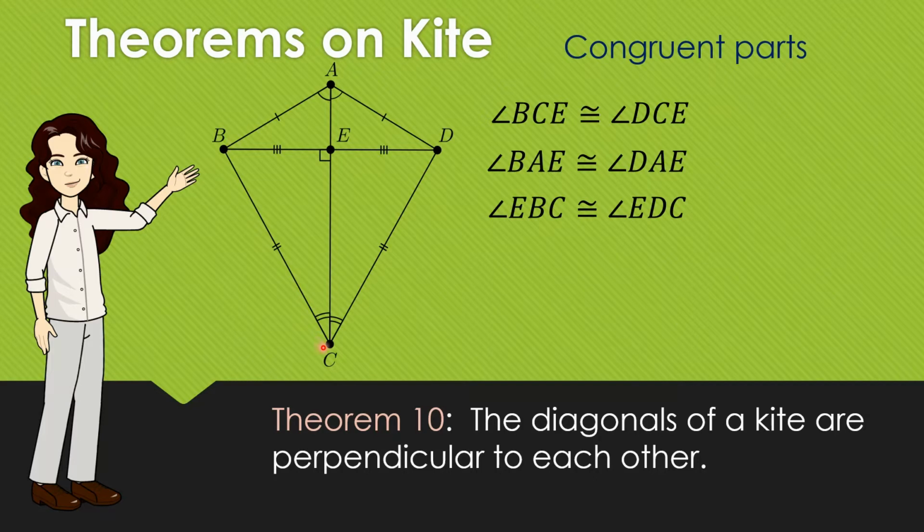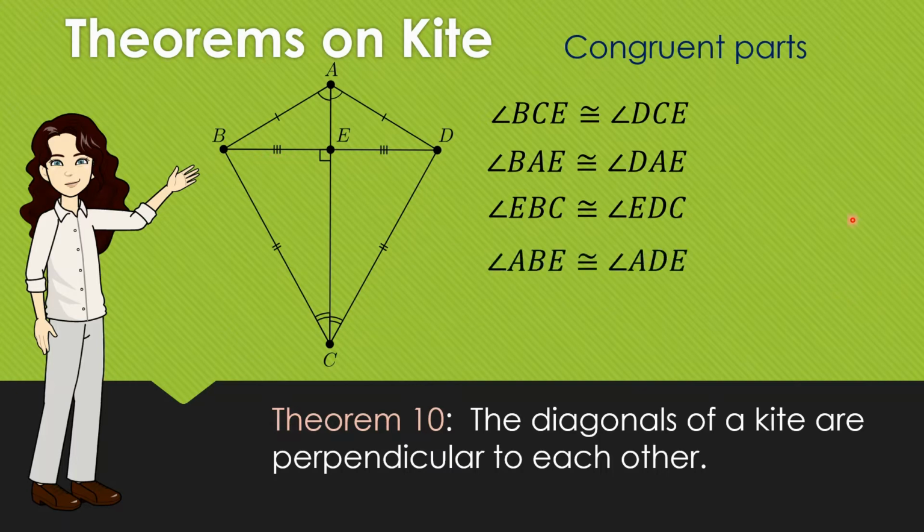The middle is B. So angle EBC, this part, is congruent to angle EDC, this part. Angle EDC is congruent to angle EBC. Did you see that, guys? This part is congruent to the other angle.